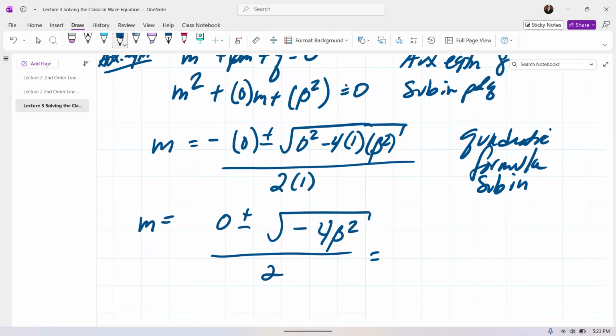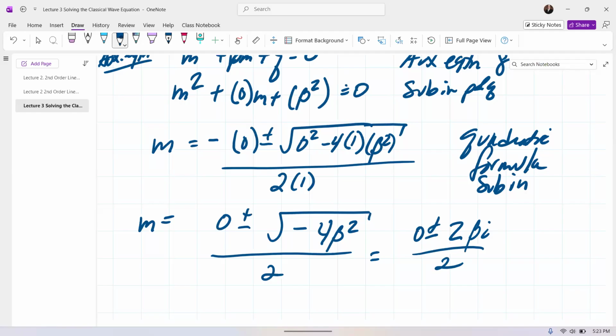Equals 0 plus or minus. What is the square root of 4? 2. What is the square root of beta squared? This is why we put the negative beta squared, because we can take the square root of it, so we can pull it out. So beta times beta is beta squared, and we also have negative 1 from the minus sign, so we have 0 plus or minus 2 beta i over 2.